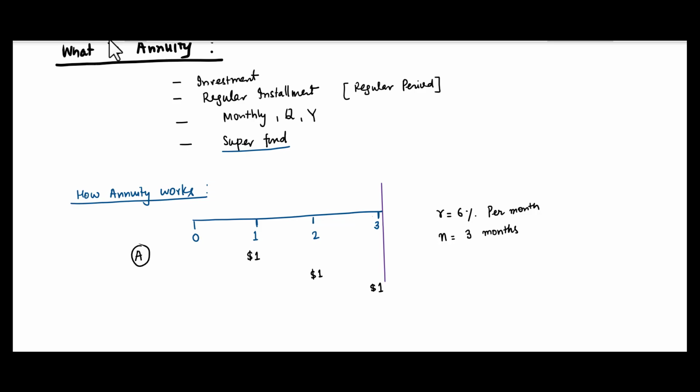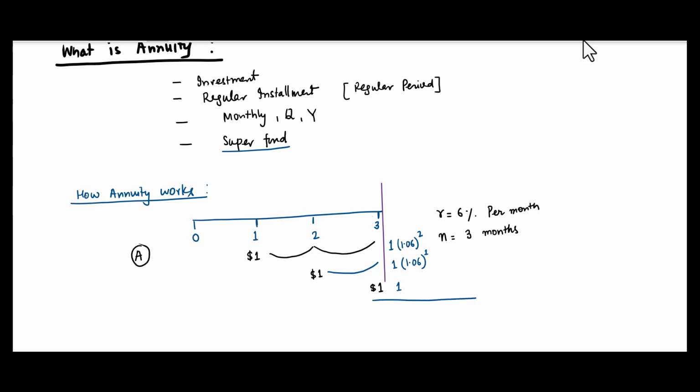This $1 will be compounded twice, so it will become 1.06 squared. This $1 will compound just once, so this will become 1.06. And this $1 will remain 1.